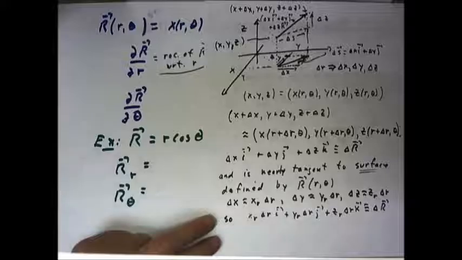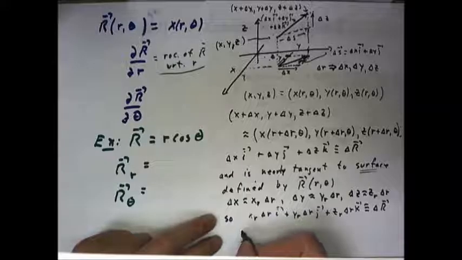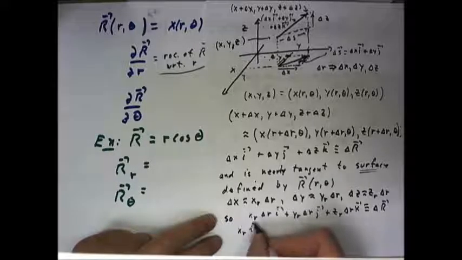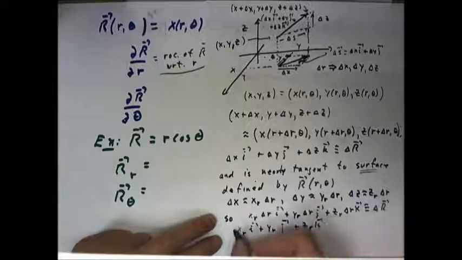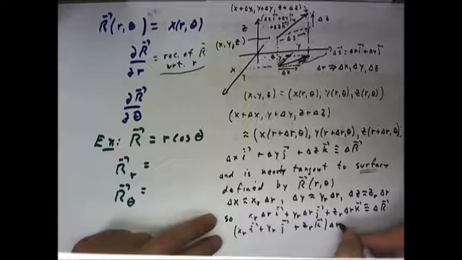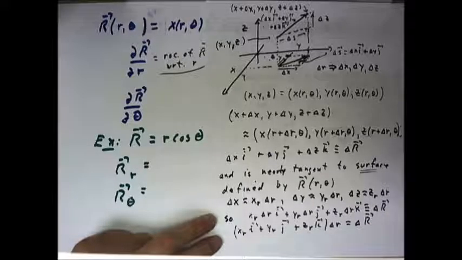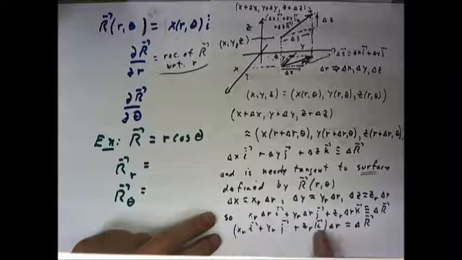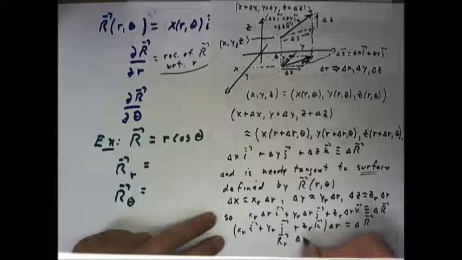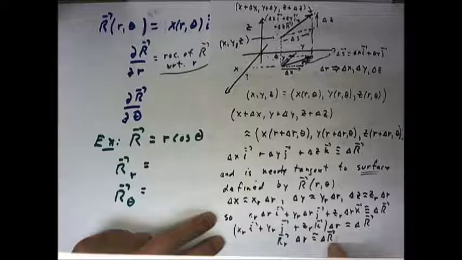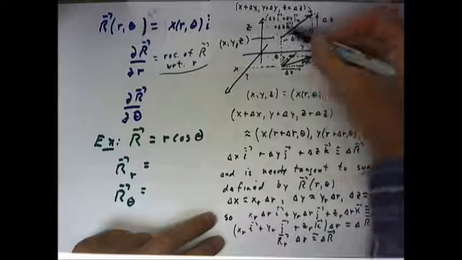Okay, we'll say it's approximate. And if we factor out the delta r, we see that this is just x sub r i plus y sub r j plus z sub r k times delta r, which is approximately equal to the delta big R. This expression is nothing but our derivative of big R with respect to r. And our delta big R vector is just this vector here.